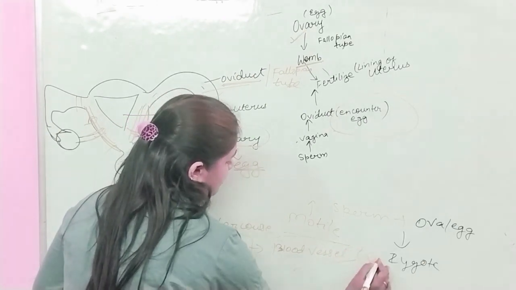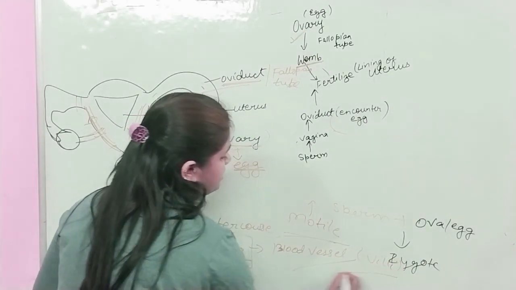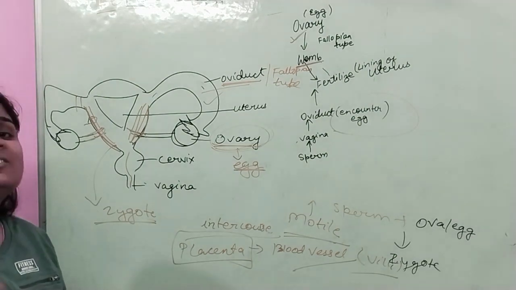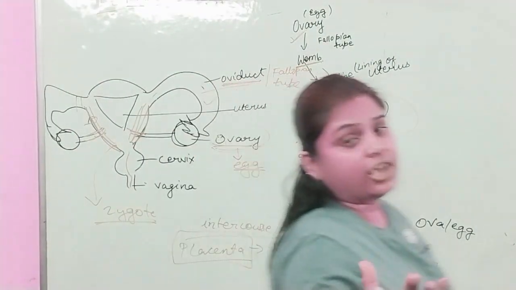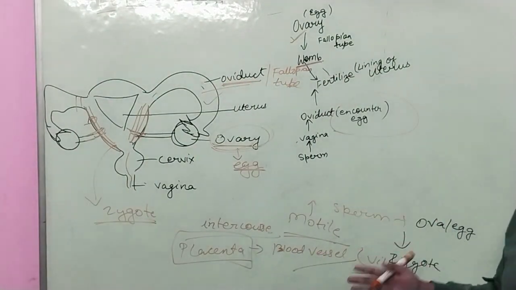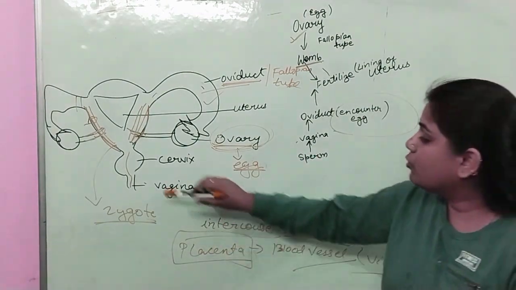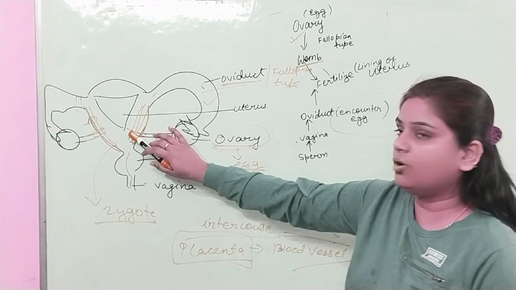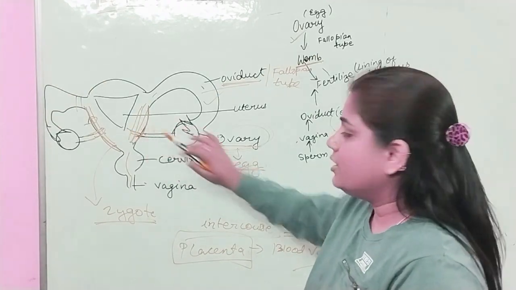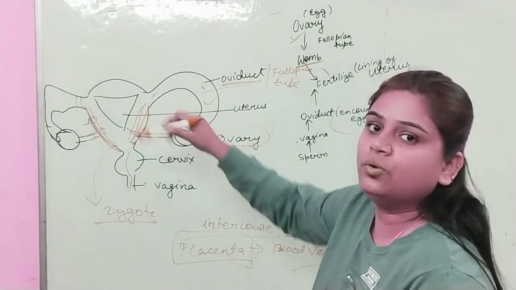Villi are also present, which provide a larger surface area to take up nutrients and oxygen through the blood vessels. So through the placenta, the zygote which is formed gets the nutrients.